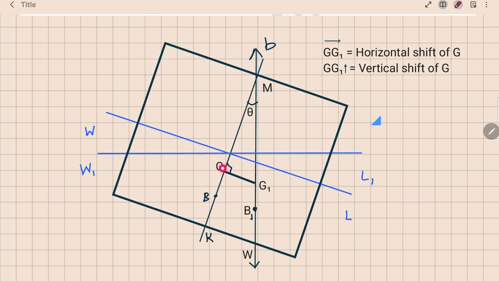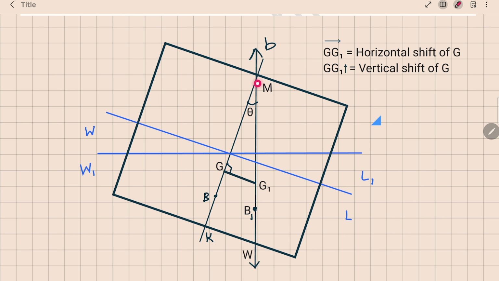In this case, ship is listed to starboard, so ship's center of gravity has shifted to G1, horizontally to the starboard side, G, G1. And center of buoyancy obviously will shift also from B to B1, directly below G1. So new center of gravity, new center of buoyancy, once again, they will be vertically in line with each other and ship will be in static equilibrium.